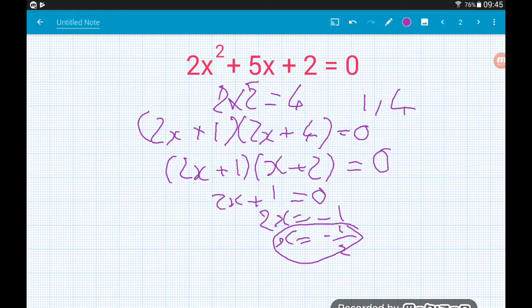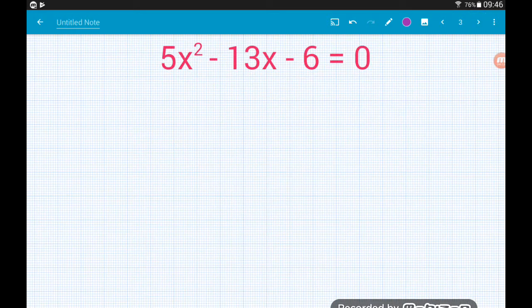Now the other possibility was that x plus 2 equals 0, so that means then that x would equal minus 2, just take away the 2 on both sides. So our two solutions to that bad boy are x equals minus 1/2 and x equals minus 2. Jobs are good in.